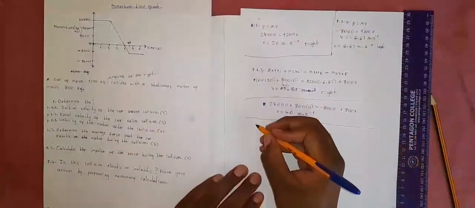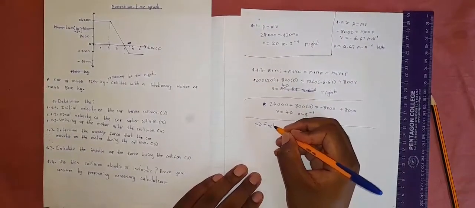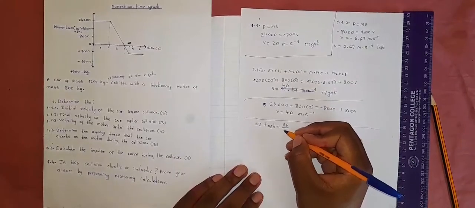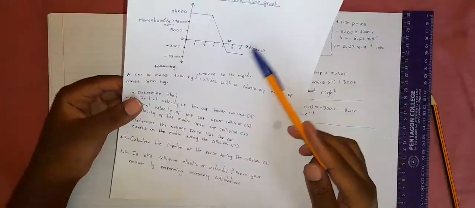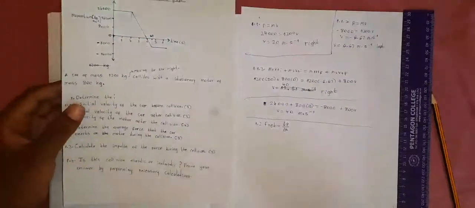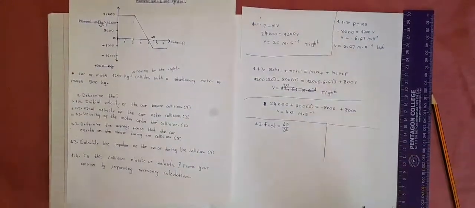So we said that force is equal to the change in momentum over the change in time. But here we are looking only at the car. We're not looking at the motor, we're looking at the car. But we'll do it in two ways to show you what I mean.